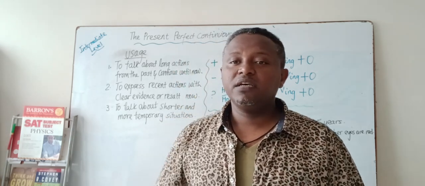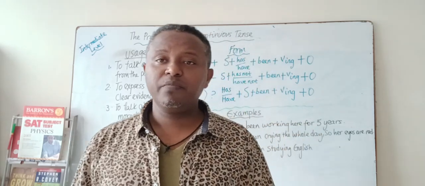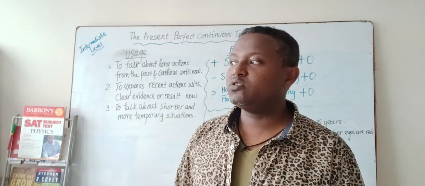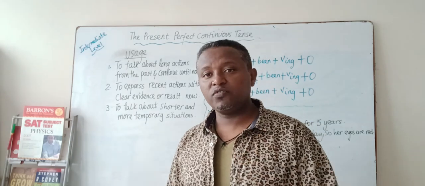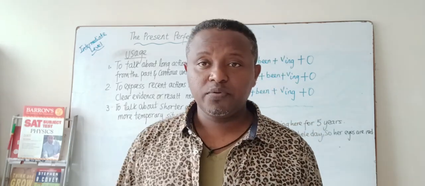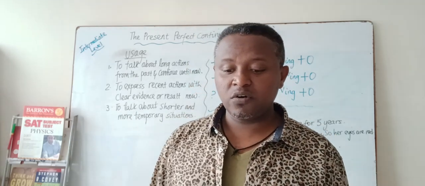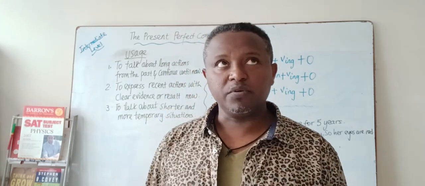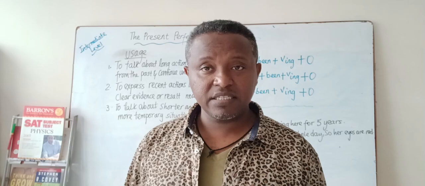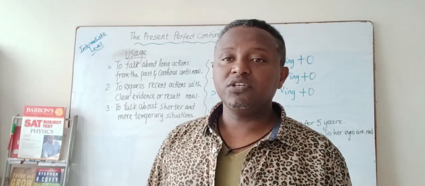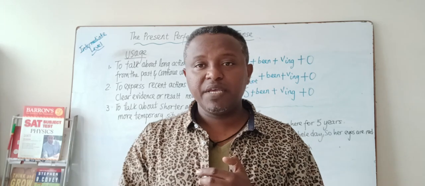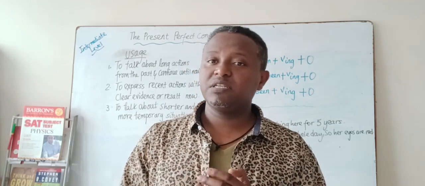In addition to that, if you remember last time, we said the present perfect tense is used to talk about a number of situations. I hope you have seen that video and gained some useful ideas from the present perfect lesson. So we said that to talk about life experience in the past, we use the present perfect tense.